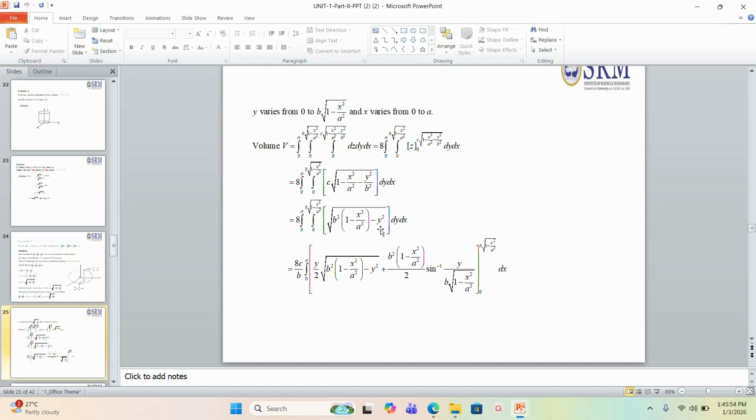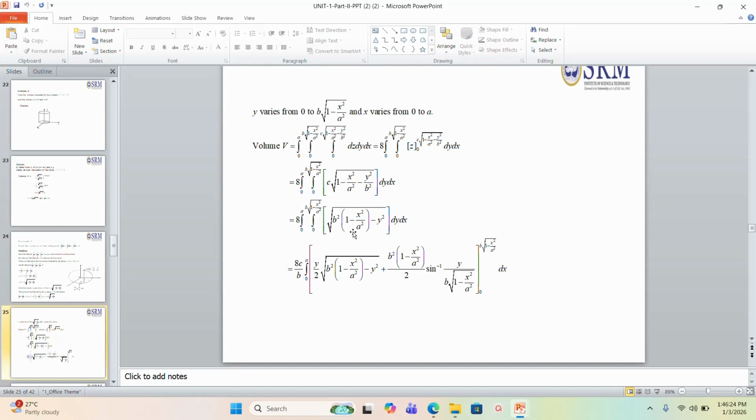What is the integral of square root of a square minus y square dy? It is y by 2 square root of a square minus y square plus a square by 2 into sine inverse of y by a. So now a square is nothing but b square into 1 minus x square by a square. So this is y by 2 into the square root of a square minus y square, plus a square by 2 sine inverse of y by a.